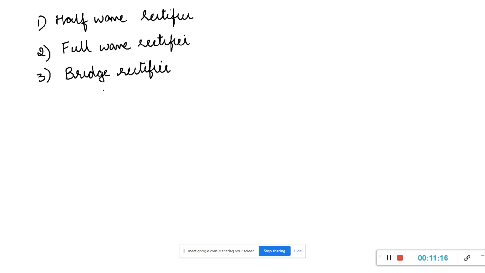Overall, a rectifier is a device which converts AC into DC voltage. A PN junction diode conducts only in one direction and hence it is used as a rectifier. This is a PN junction diode, this is P, this is N, this is anode, this is cathode.